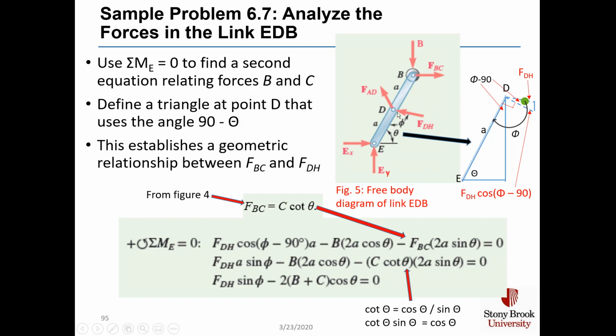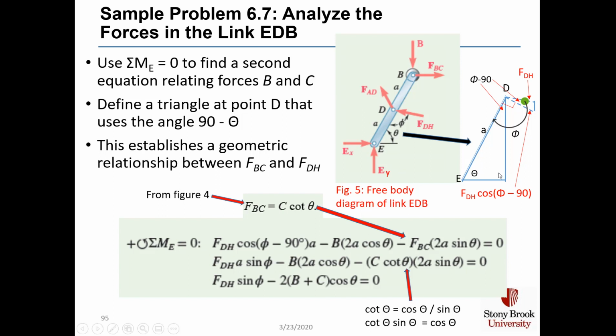And to understand the geometry further, I drew a triangle showing the angle theta and of length a between point E and point D, and I also drew a complementary triangle up here at the end where force F sub DH is here on the line. Angle phi is the angle between F_DH, swept angle over here to the edge of the linkage. There's phi.